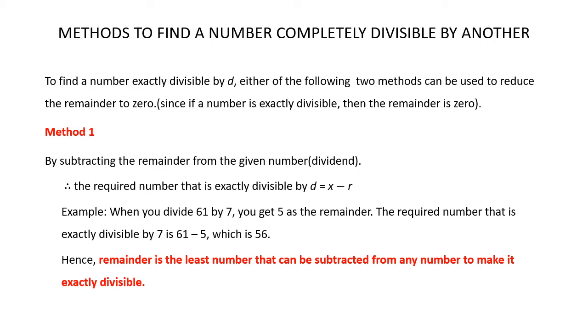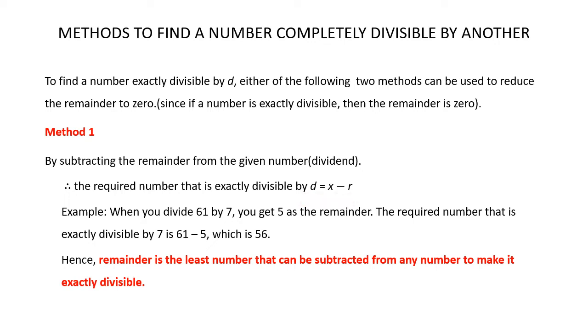Method 1: by subtracting the remainder from the given number or the dividend. Therefore, the required number that is exactly divisible by d is equal to x minus r.